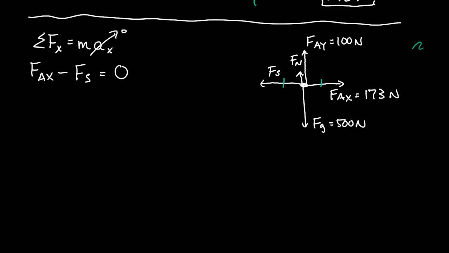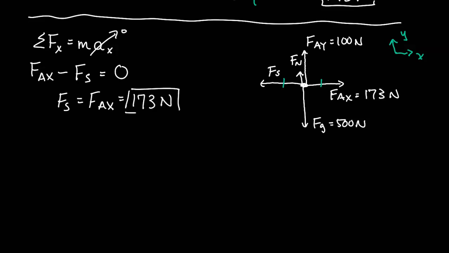Let me just remind you of our positive directions: right is positive x, and up is positive y. Now I'm going to solve for Fs. If I move Fs to the right side, Fs is going to equal Fax, and we know that Fax is 173 newtons. Therefore the static friction Fs is 173 newtons.